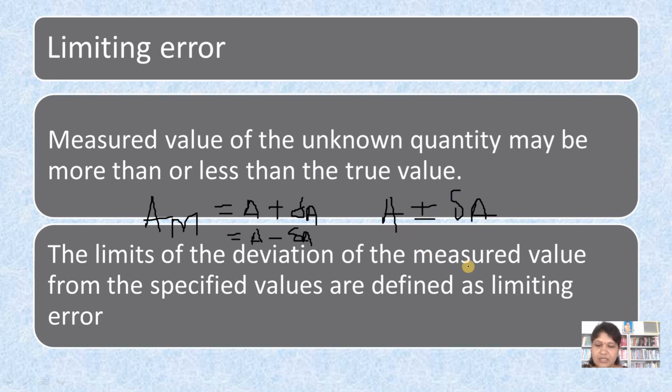This is the reading we get from the instrument, and the limit with which we are defining it is del A. This will be the limiting error.